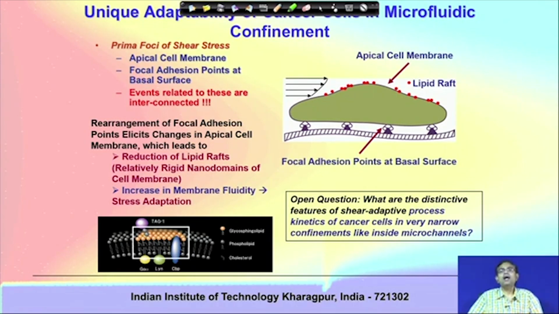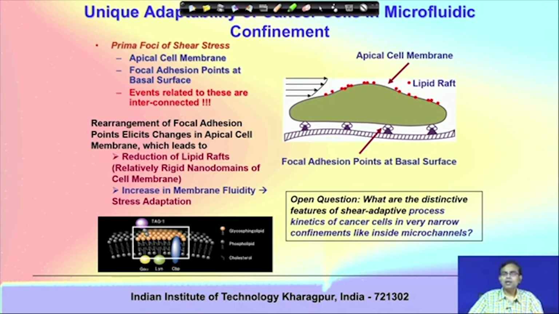It tries to escape from the cell membrane and goes inside the cell, and the cell membrane therefore becomes more fluidic. Because it becomes more fluidic, it becomes more malleable and can have a unique shape adaptation to overcome the stressful barriers in the microfluidic confinement.